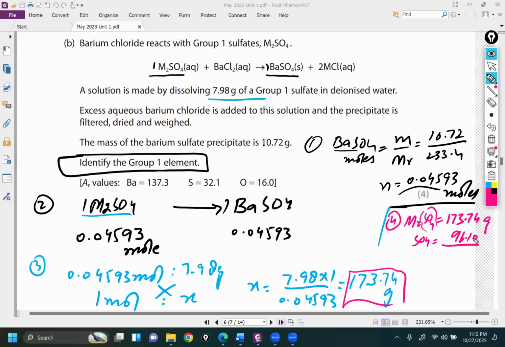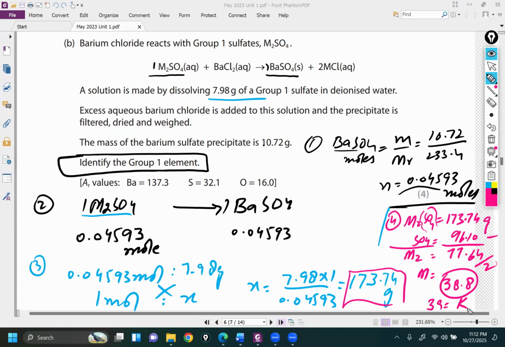When you subtract this mass, you will get 77.64. But this is the mass of M2. These are two elements, so what will be the mass for a single M? You divide by 2 and you will get 38.8, which is close to 39. So the element is potassium.